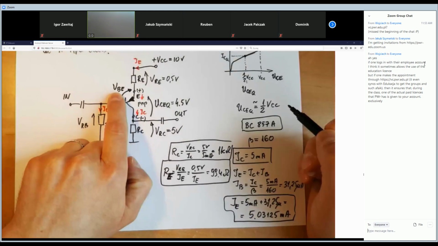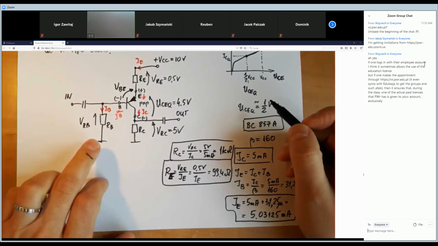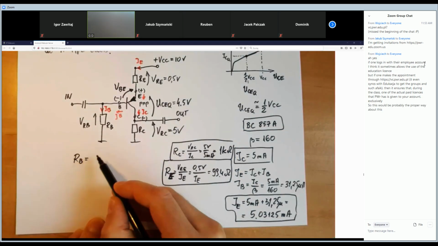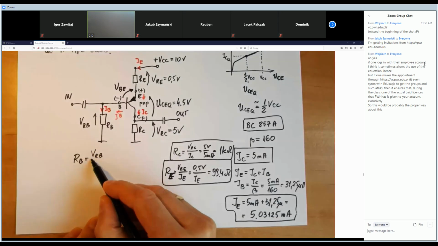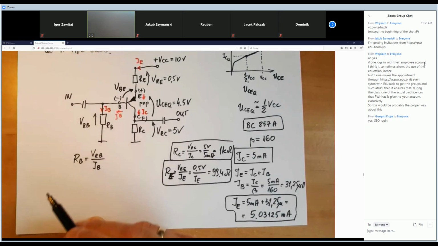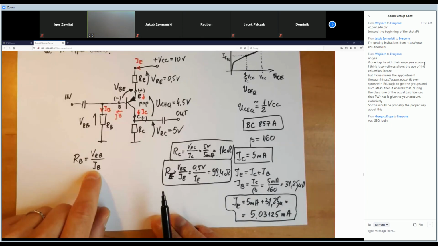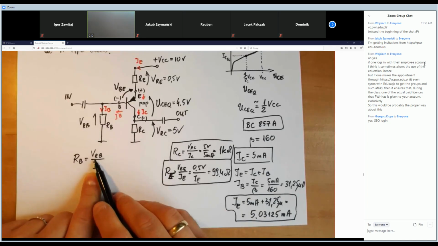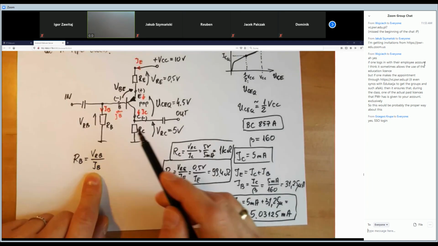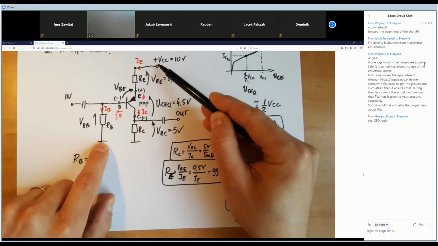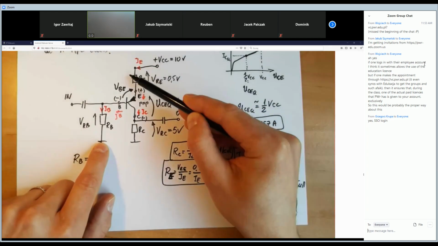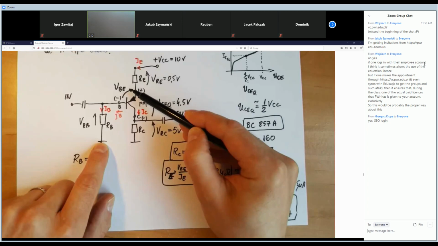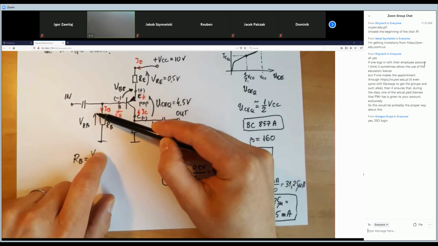One thing here: we want to find the RB value, which is equal to VRB over IB. We've got the base current, 31.25 microamps, and we don't know the voltage drop on this resistor. However, we see that VCC, 10 volts, should be equal to the voltage drop on the emitter resistor plus UBE plus VRB.